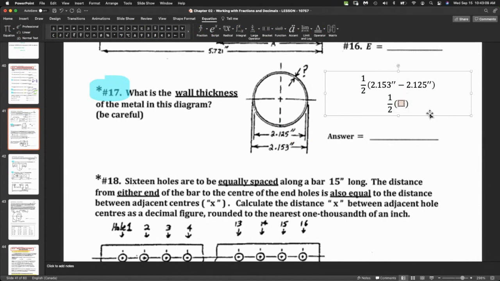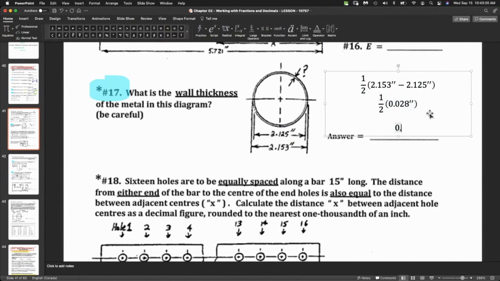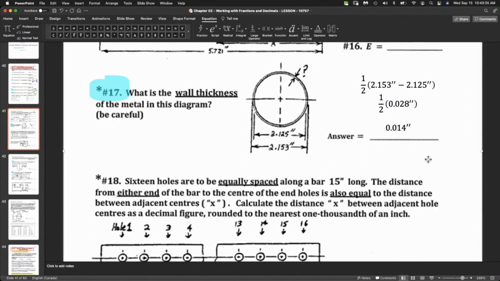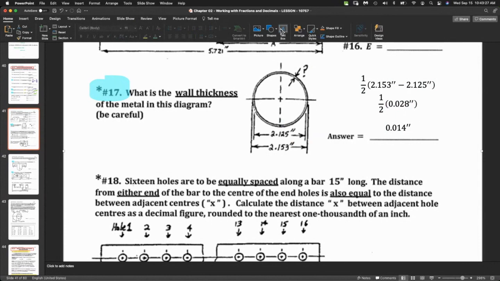Now again, I don't have my calculator, so I'm trying to do this in my head. What is that, 28,028? Can someone confirm? Can someone confirm on that? 14 thousandths of an inch?